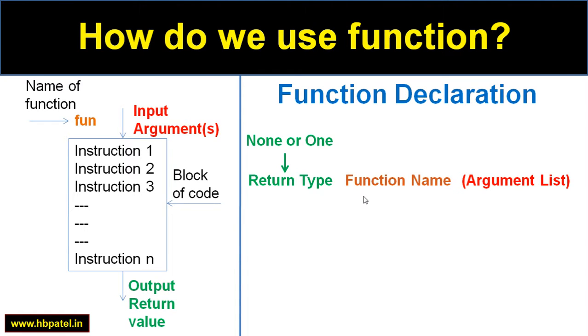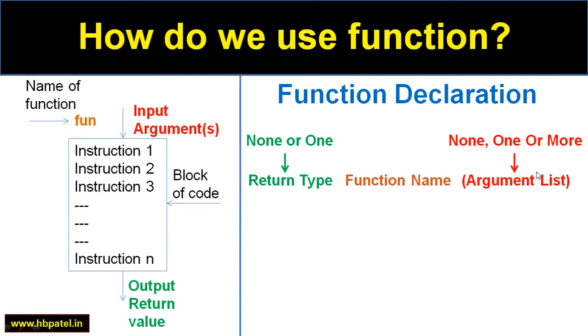Then with the function, in the round brackets, we'll be specifying the argument list, meaning what exactly you want to provide as inputs. As I said, there cannot be any argument, there can be one argument, or there can be more arguments.